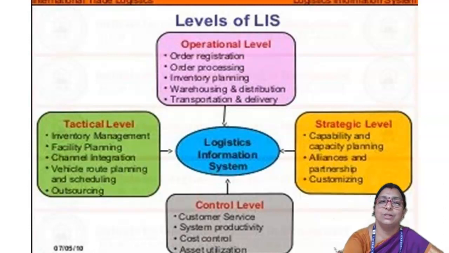So order registration, in short, if you see what processes are part of this first level, the registration process comprises the scrutiny, finding deviations, issuing the amendments and acknowledging the order.